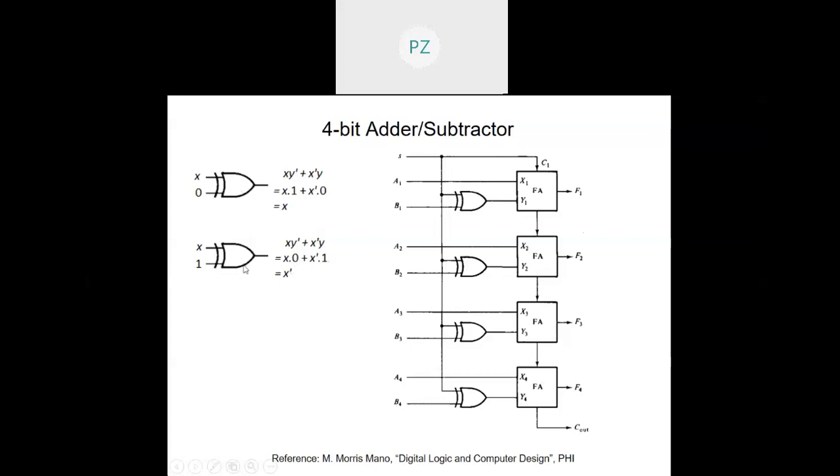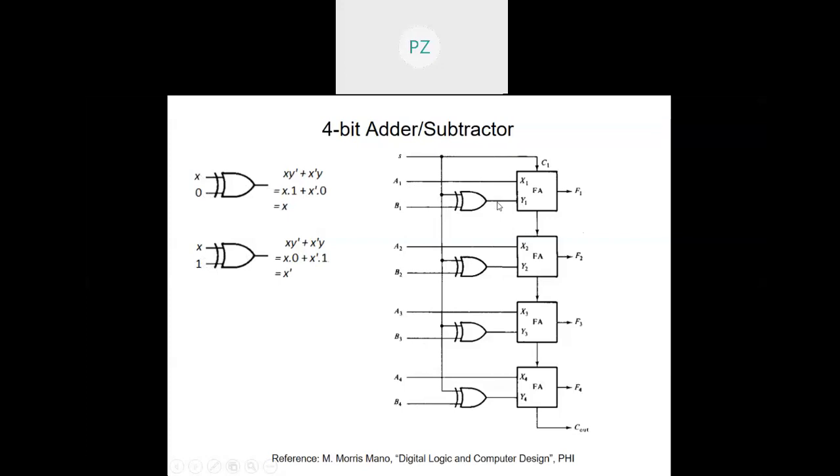This is one of the benefits of using the exclusive OR gate, that you can control the output by controlling one of the inputs. If that input is 0, we get x, and when that input is 1, we get x'.